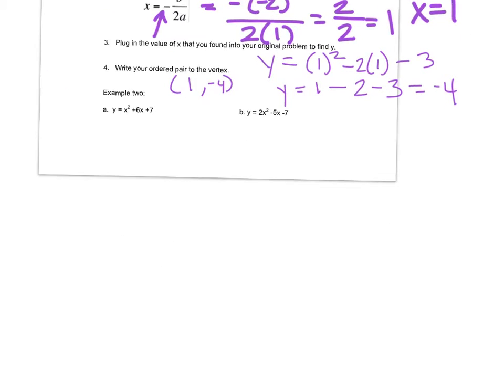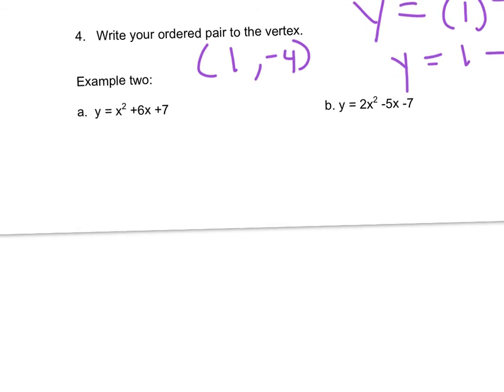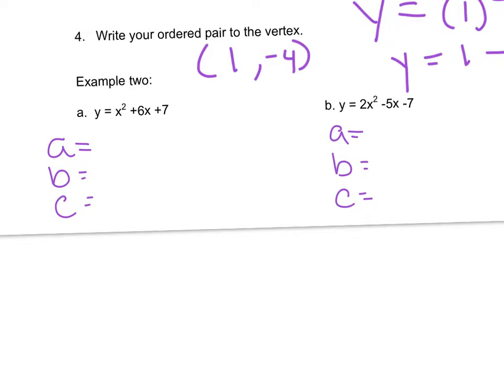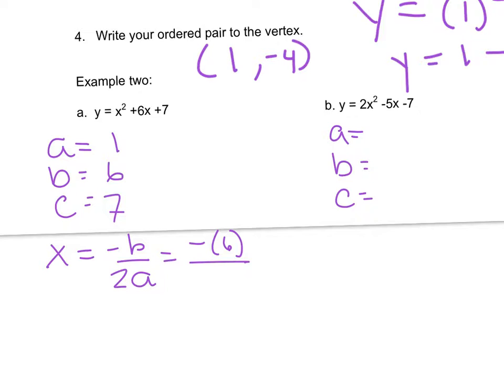So let's do a couple more examples. The first thing you're always going to do is figure out what a, b, and c are, no matter what the equation is. When we look at a, we see that the number in front of x squared is 1, because there's no number there. 6 is my b value, and c is 7. I'm then going to take x equals negative b over 2a, and plug in the value of b, which is 6, and the value of a, which is 1.